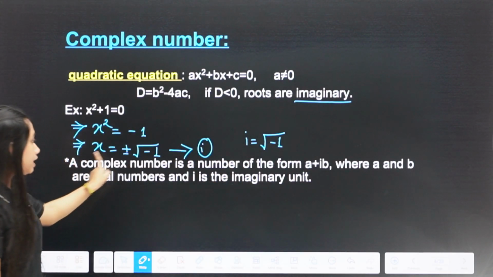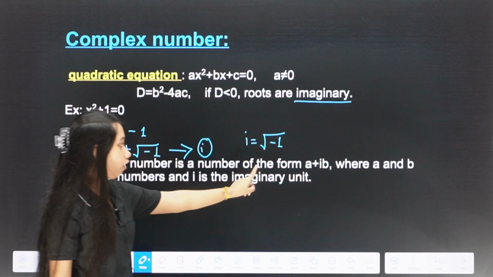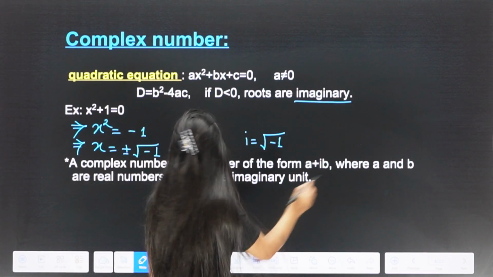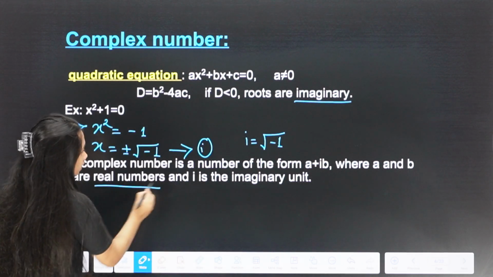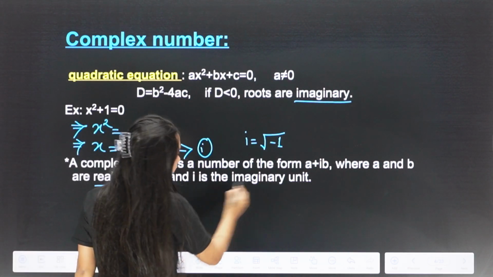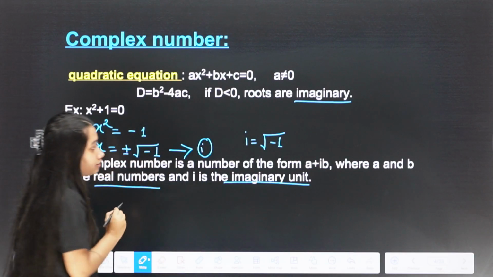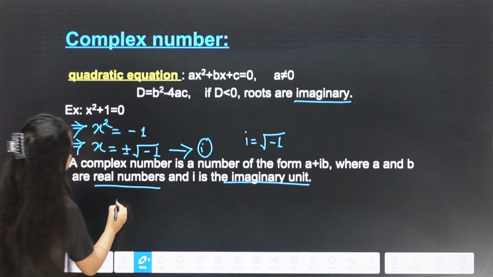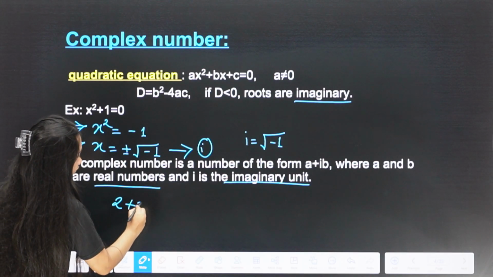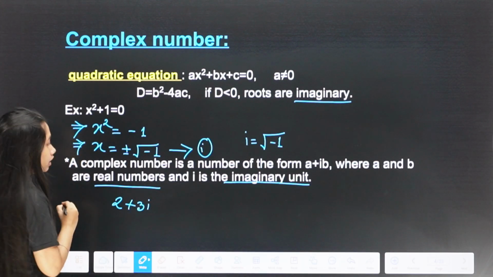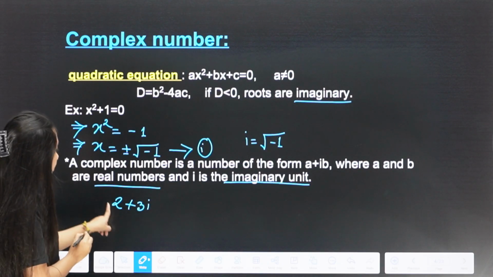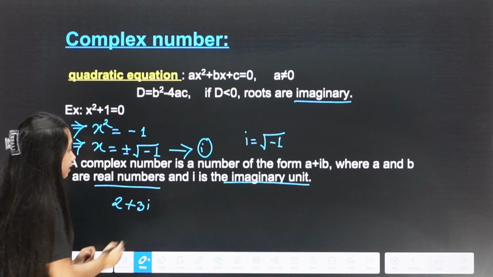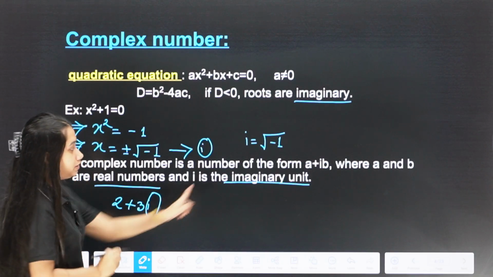So a complex number is a number of the form a plus ib, where a and b are real numbers and i is the imaginary unit. For example, if we take 2 plus 3i, here you can see that 2 is a real number, 3 is a real number, and i is the imaginary unit.